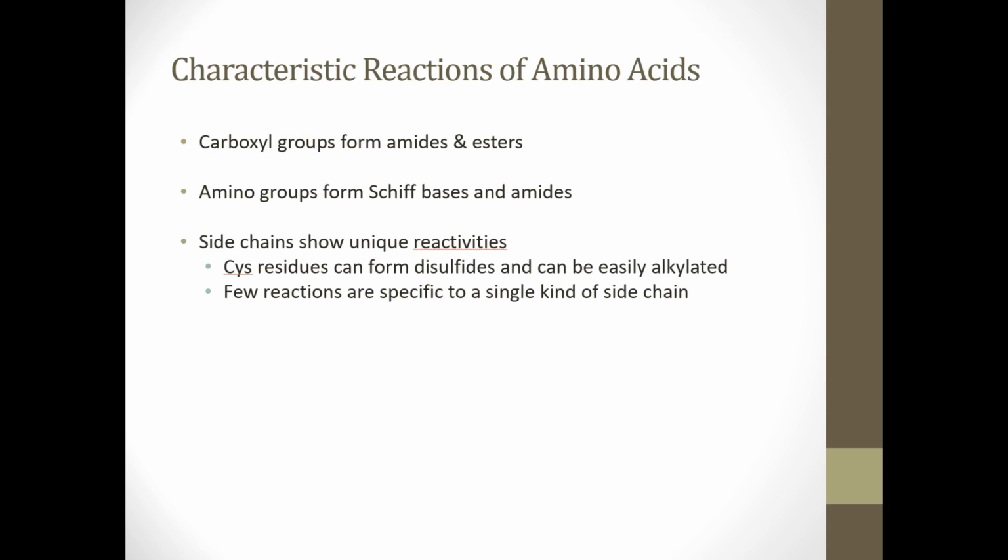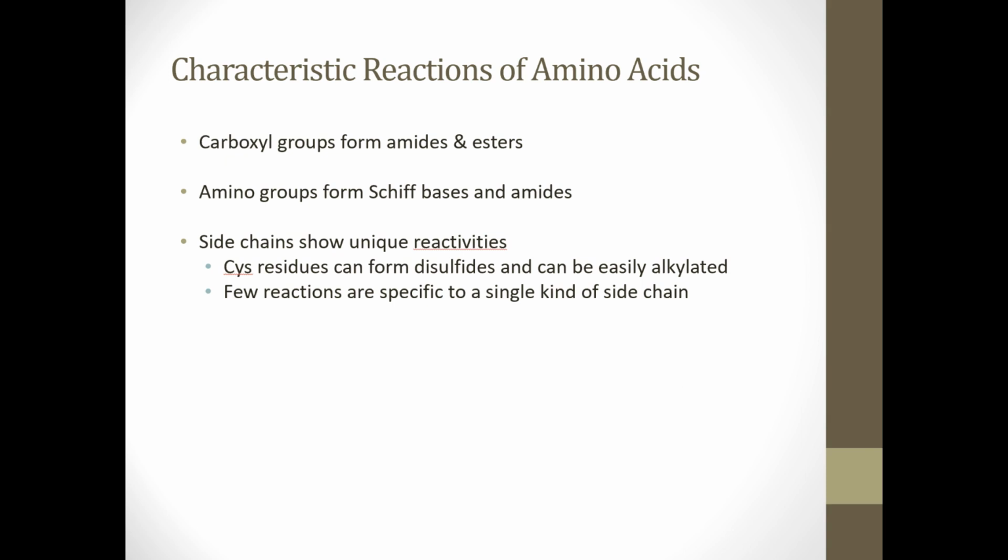So some of the other types of chemistries that take place with amino acids are worth quickly reviewing. The carboxyl groups tend to form amides and esters. Amino groups often form Schiff bases as well as amides.